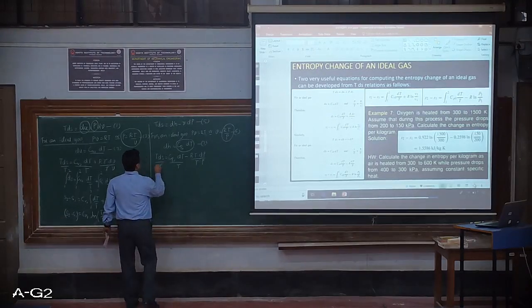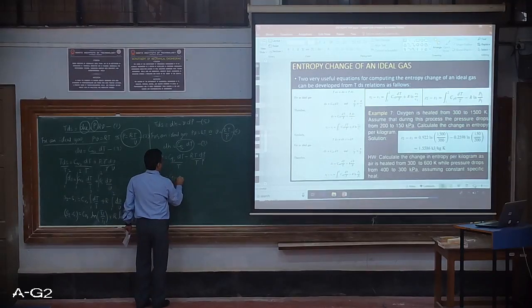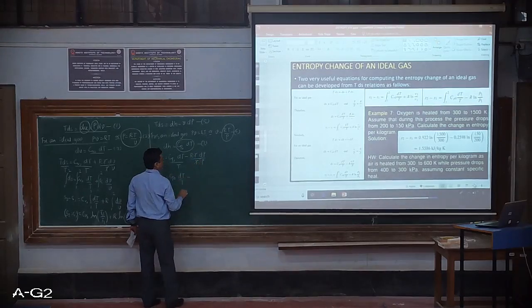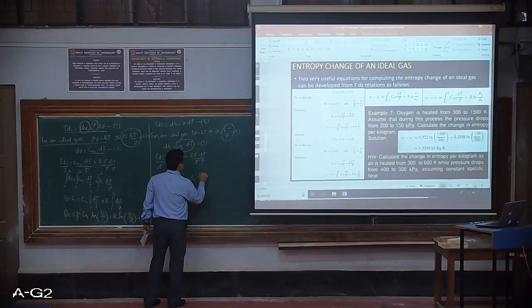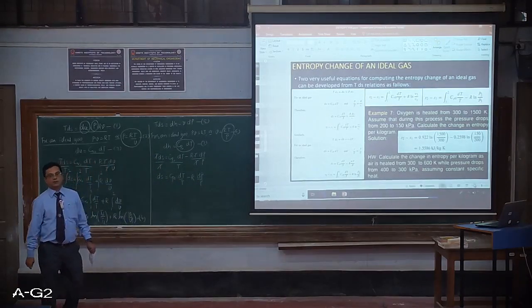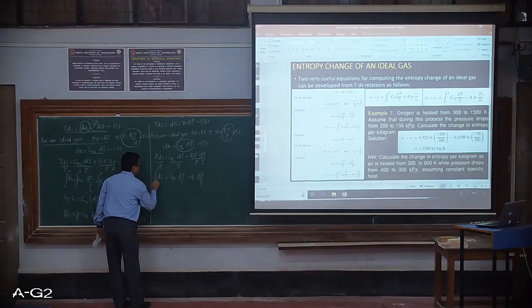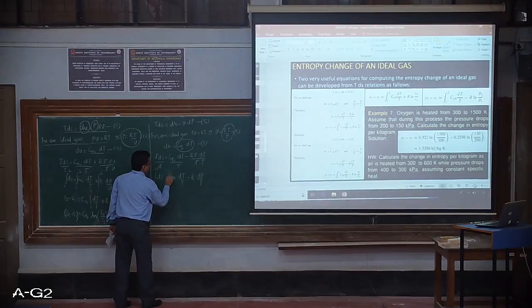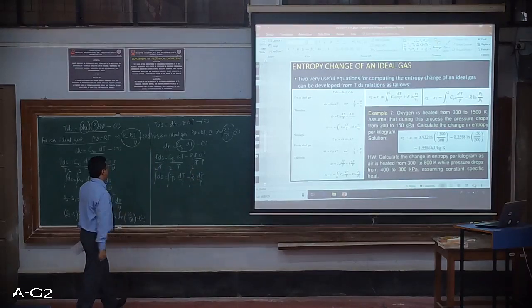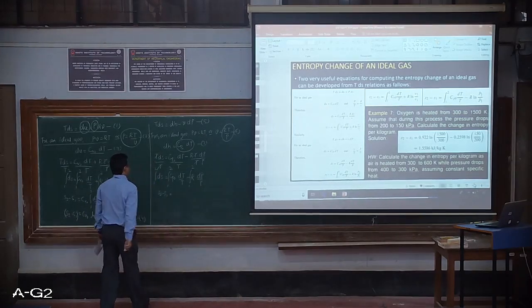So therefore dS here equals CPO dT by T minus, the temperature cancels, R dP by P. Now this is in differential form. Integrating the same from 1 to 2, each term, this value will yield S2 minus S1, which is the required form.